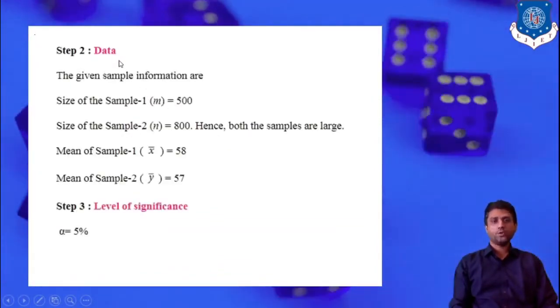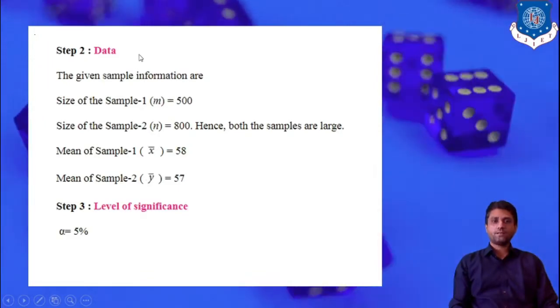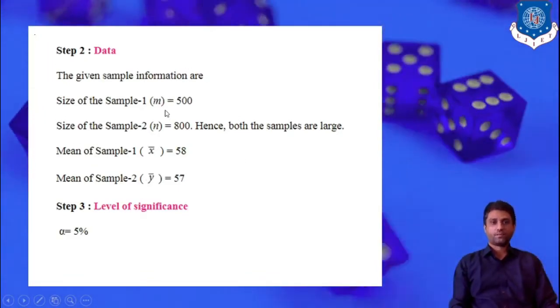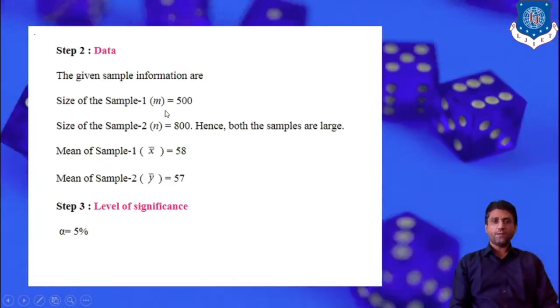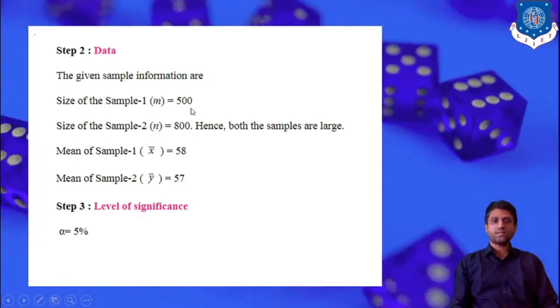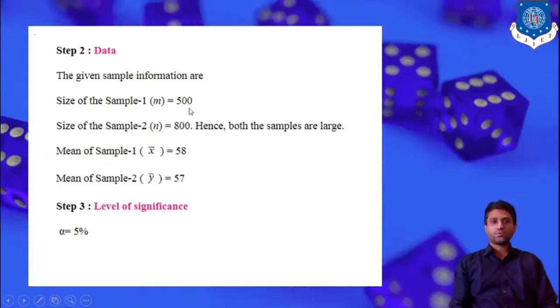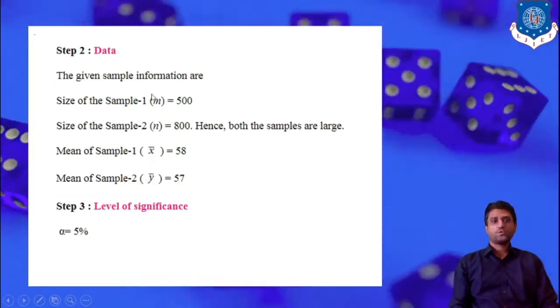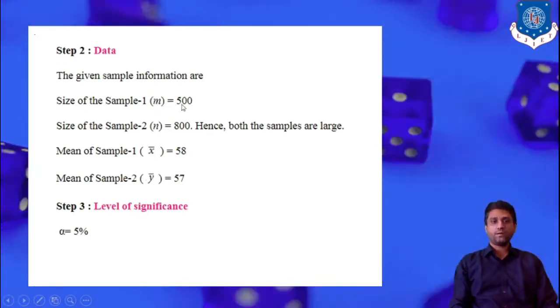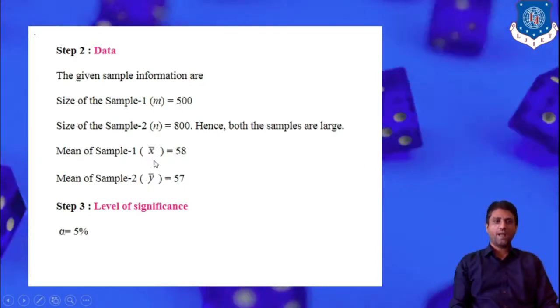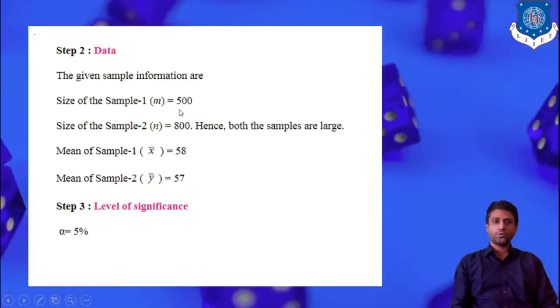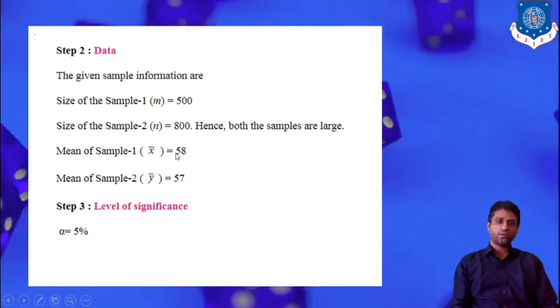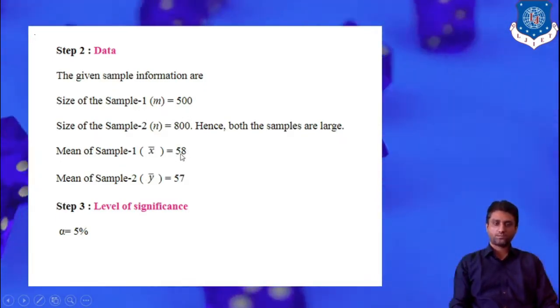Now step number 2: on the basis of the definition, we have to gather the data. It is predefined in the question. From the first district we have to collect 500 students, and from the second district 800 students. So we consider m is 500, n is 800. Now x bar, the mean corresponding to the first district, is also given in the definition: 58.